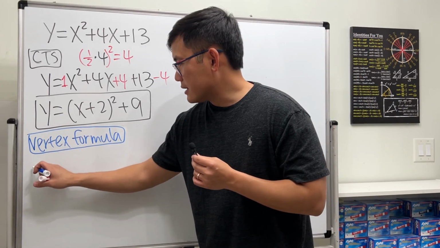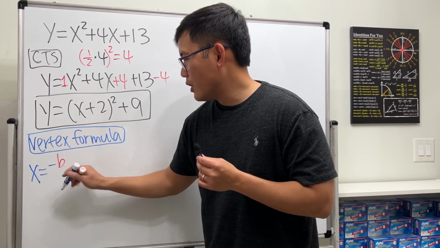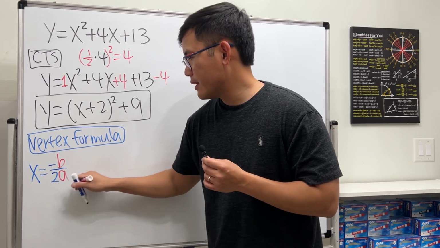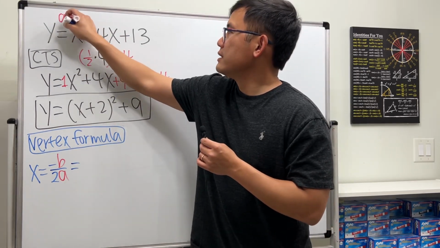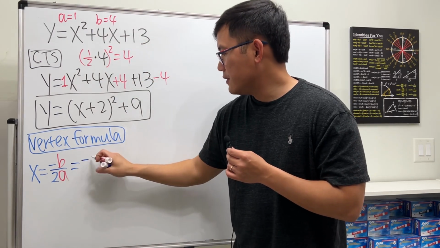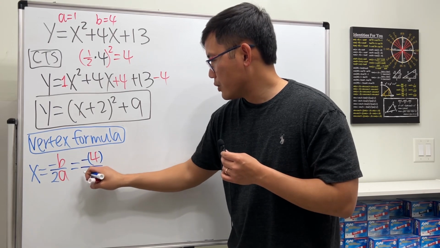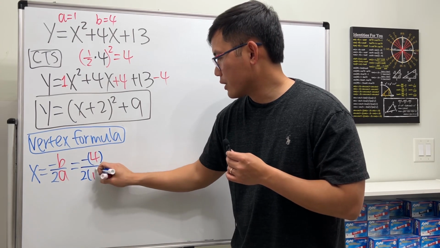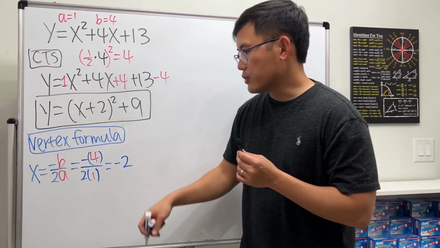Alright, the vertex formula says the vertex is going to be at x equals negative b over 2a. Right? The vertex formula. Okay, look back here. We know a is equal to 1 and b is equal to 4. So plug in negative 4 over 2 times a. Work that out, we get negative 2. This is just the x. We also need a y.